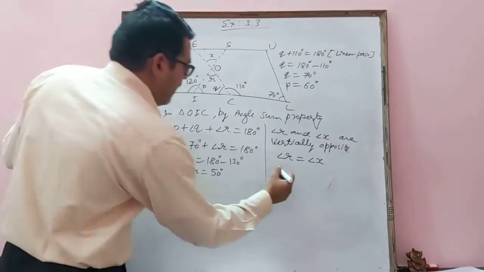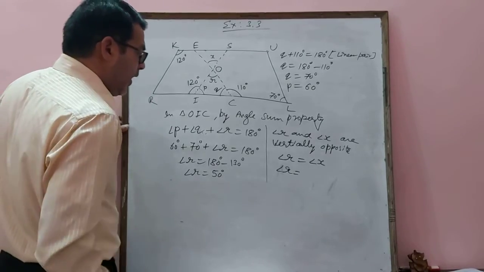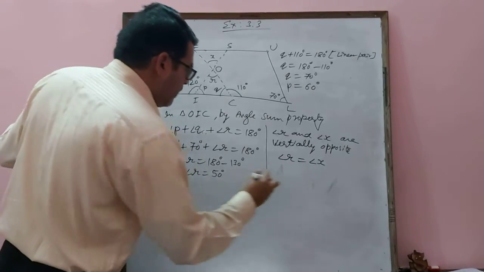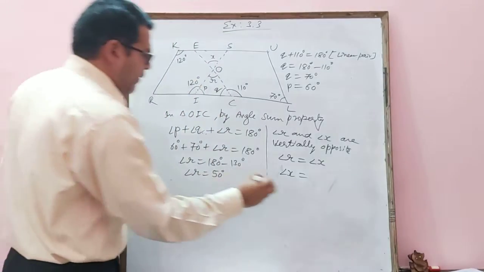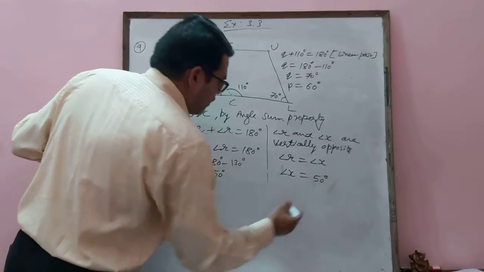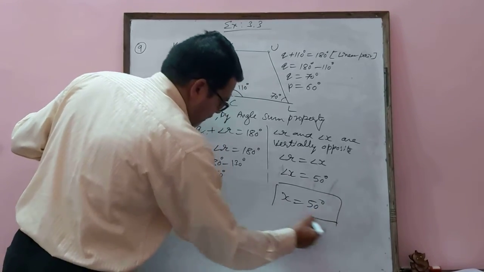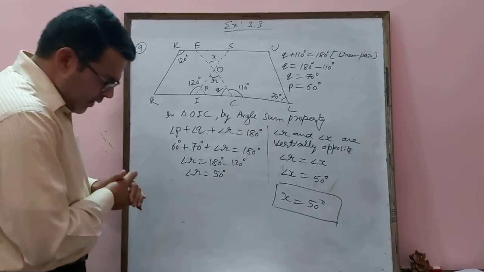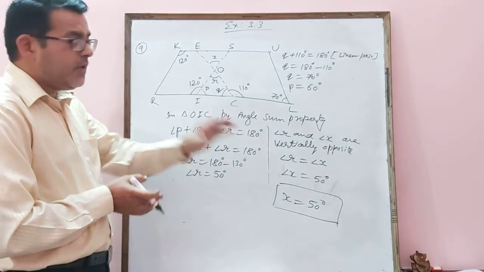What was X? Sorry, X we have to calculate. R we have already calculated, 50 degree. So value of X is 50 degree. Hope you understand. So what is value of X? X is 50 degree. Right?